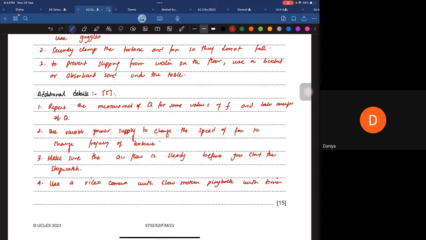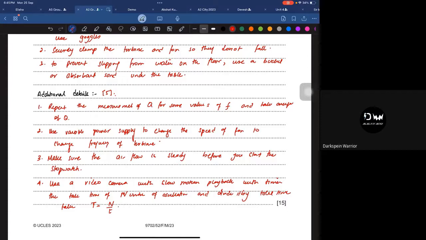Do you guys get it? Yes. Then take time of number of oscillations and divide it by total time taken, which, now I'm right, the frequency will be n by t. Do you get it? Like that.